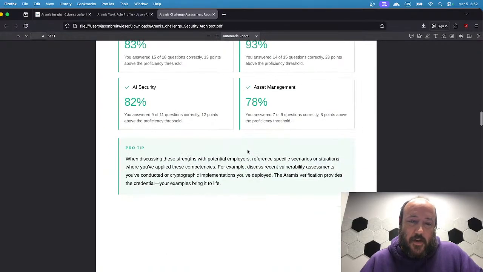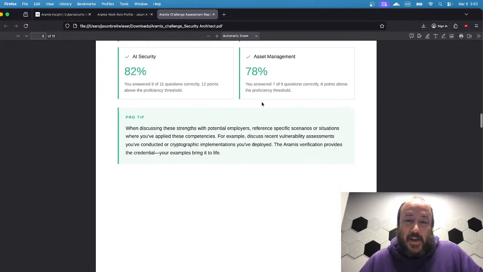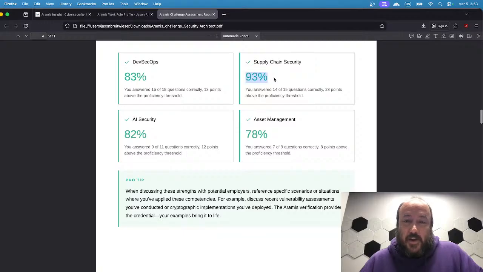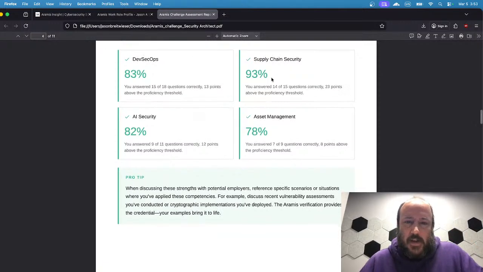Yeah, we can't know it all. DevSecOps is strong. That's my preferred domain. If someone were to ask me questions, supply chain security is strong. As a matter of fact, I've worked through supply chain vulnerabilities within SIM platforms, which is kind of fun.